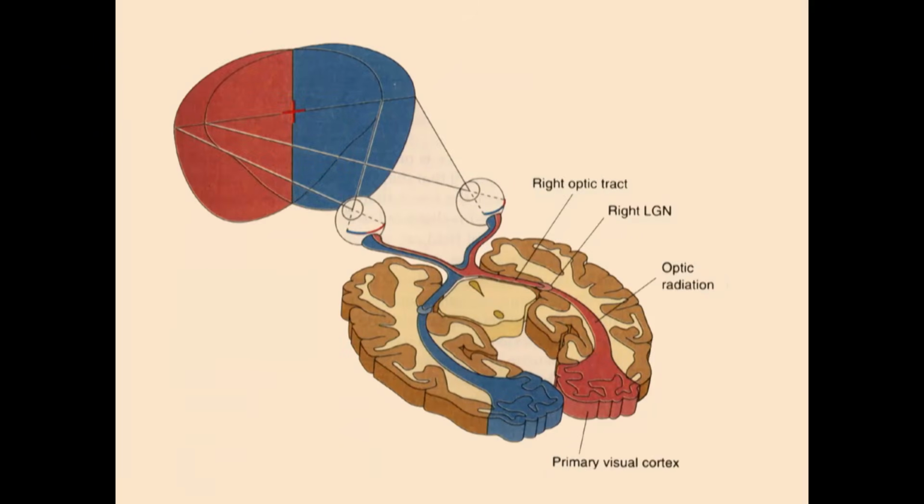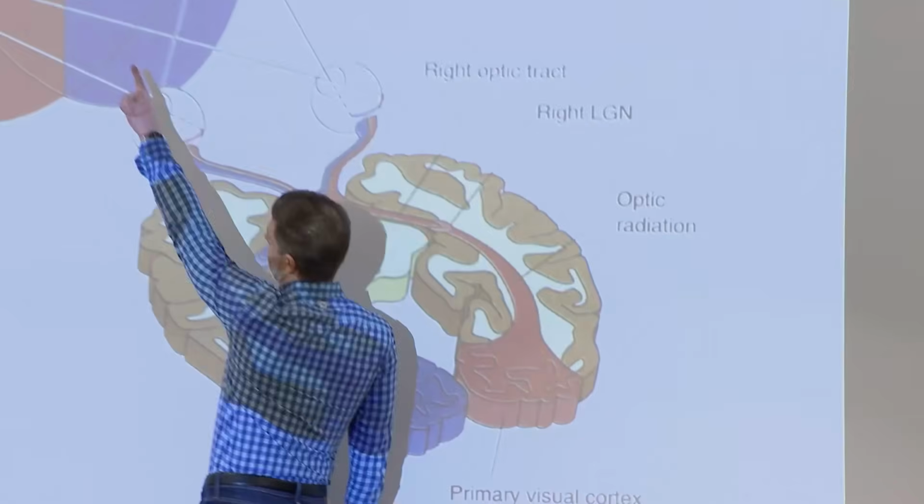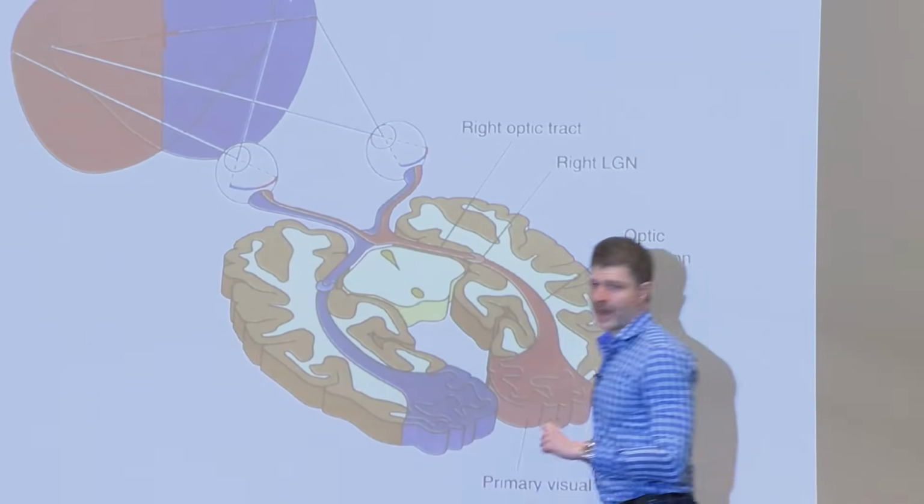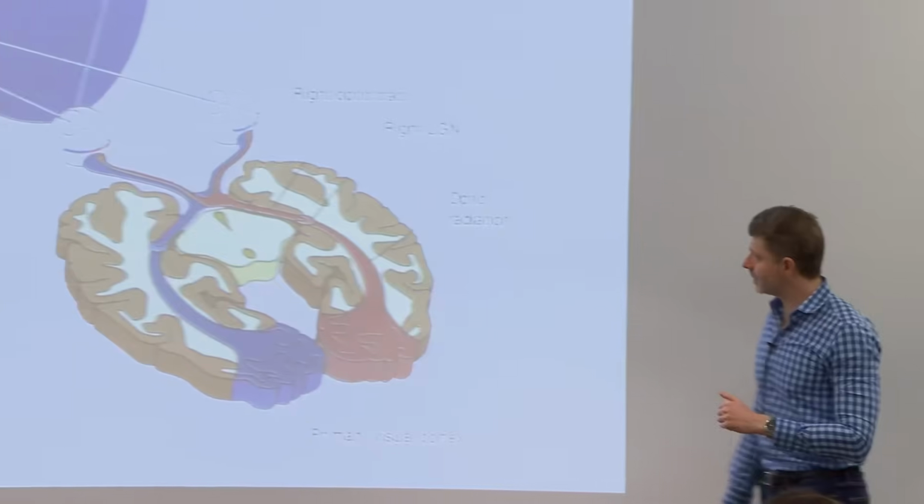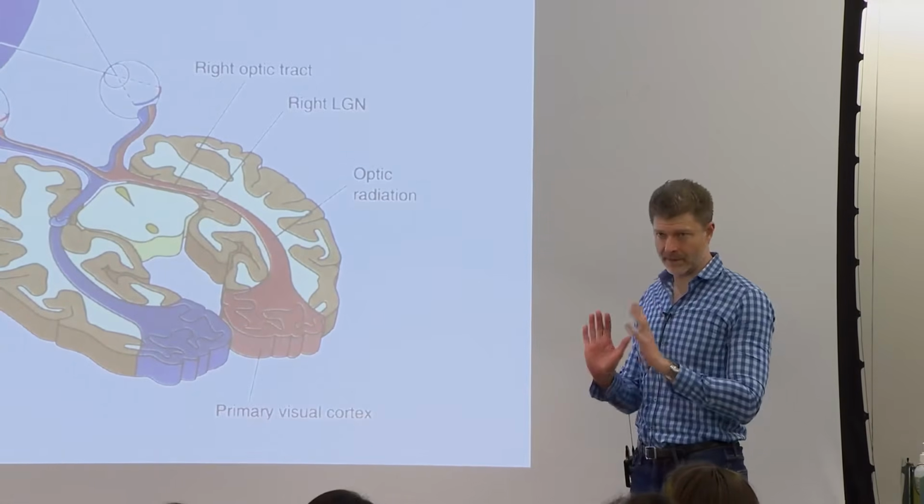Okay. Another really important thing to know about the visual system is the way that it's organized with respect to space. This is a diagram that shows the visual system looking at a screen, essentially. The idea is that you're fixating that cross, okay? And there's a left hemifield and a right hemifield that are visible.